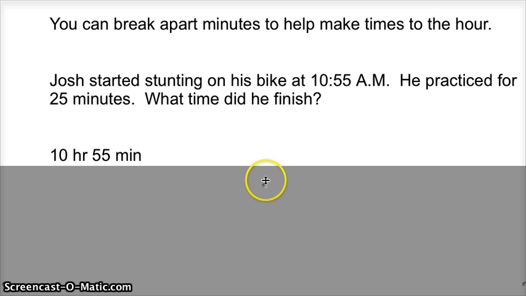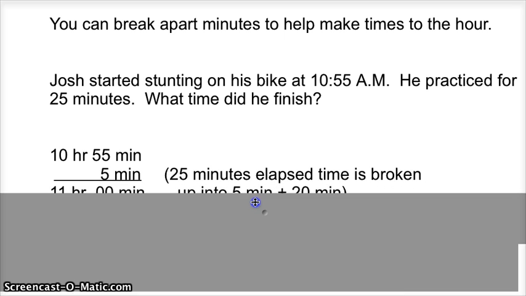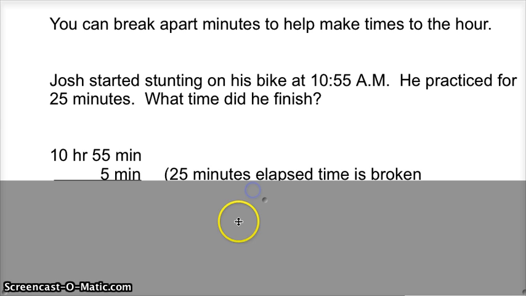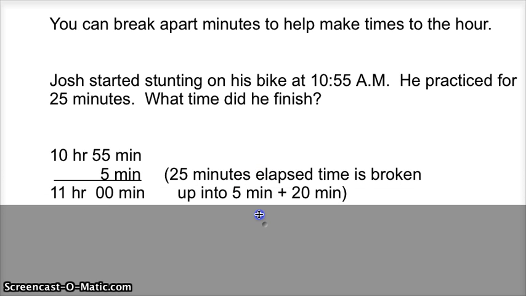Since Joshua practiced for 25 minutes, we can break that 25 minutes up to try to get to 11 o'clock and then add the remaining minutes to 11 o'clock. I know that when I'm at 55 minutes past an hour, I need 5 more minutes to get to the next hour. So I'm going to break 25 up as 5 plus 20.